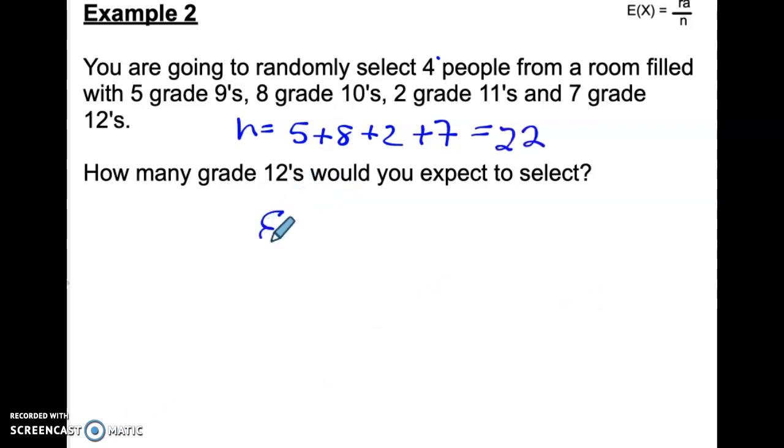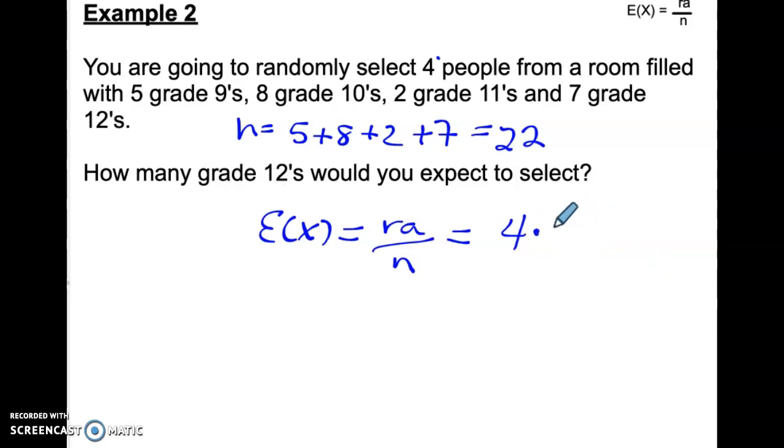So once again, they're asking us how many grade 12s would you expect? So we're going to use the expected value formula. So remember, R is the number of things that you want. So there's 4 people that you were selecting, so that's how many items you wanted. A is the number of possible sort of positive items that you wanted. In this case, grade 12s was what you wanted.